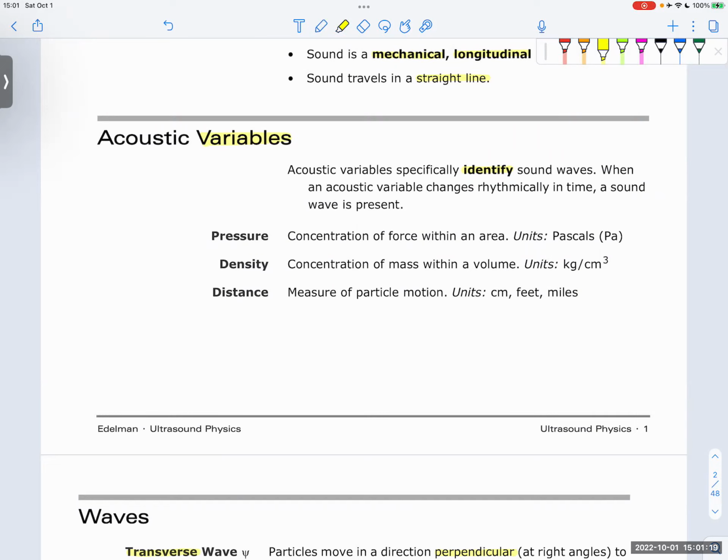Now, pressure is defined as a force within an area. So how much force you apply within that area, and the unit is pascals. Density, as we know, is a mass within a volume: kilos per centimeter to the power of 3, because we're talking about volume. So again, mass within a volume, so it's kilos per centimeter to the power of 3 or meters.